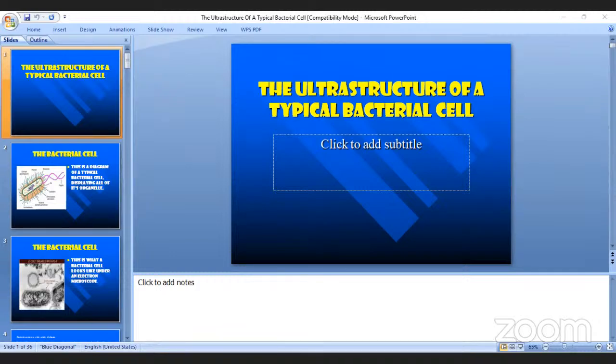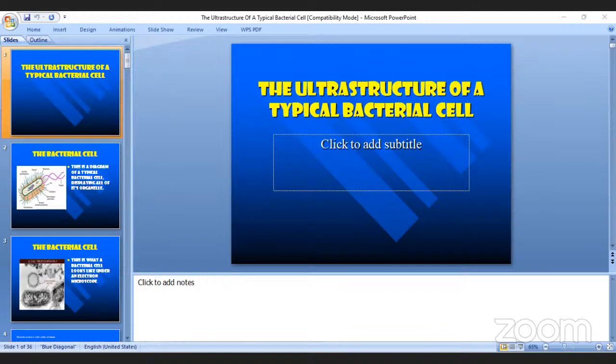If you see this bacteria, the bacteria is a prokaryote cell. What is the difference between prokaryote and eukaryote? Prokaryote is where you have DNA, ribosomes, cell structure, cell wall. Eukaryote has only a single DNA or RNA, like in viruses.